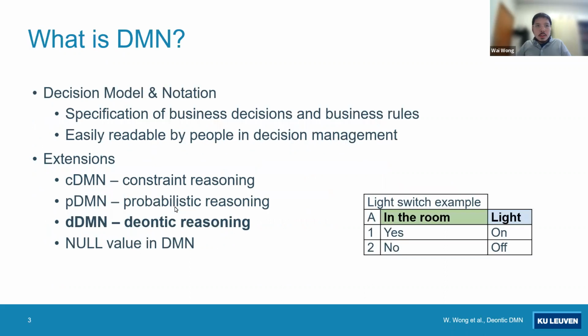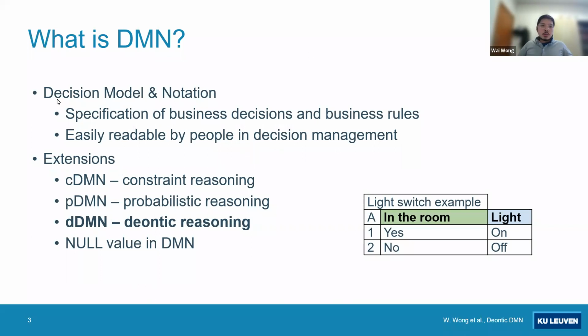All right. So at the start, what is DMN? I think most of you know that DMN is Decision Model and Notation. Basically, it's a specification of business decisions and business rules. It's defined in such a way that it's very easily readable by people in decision management and people working in the field as well.